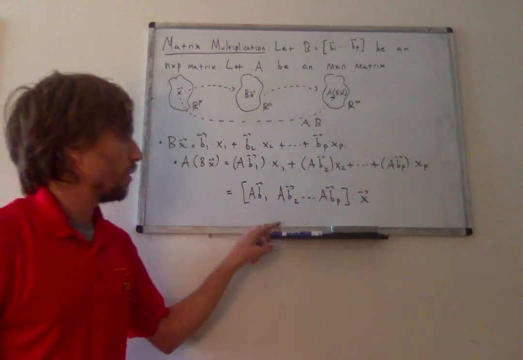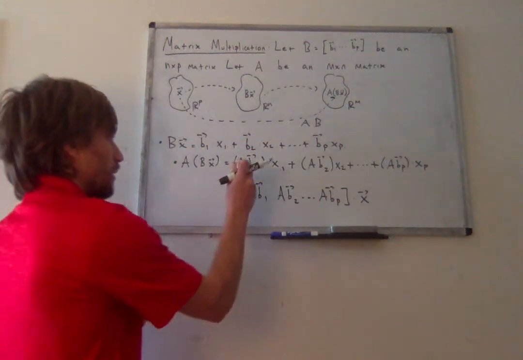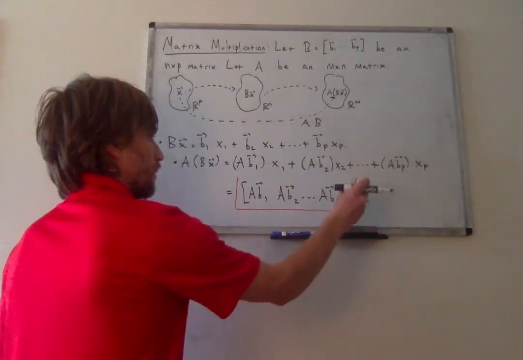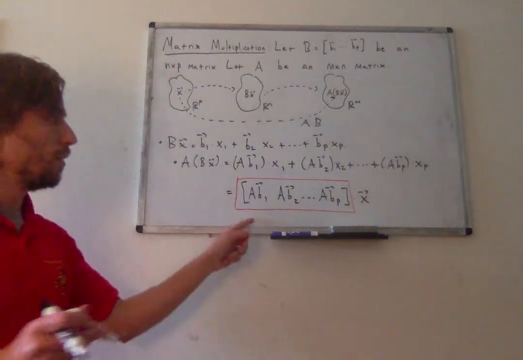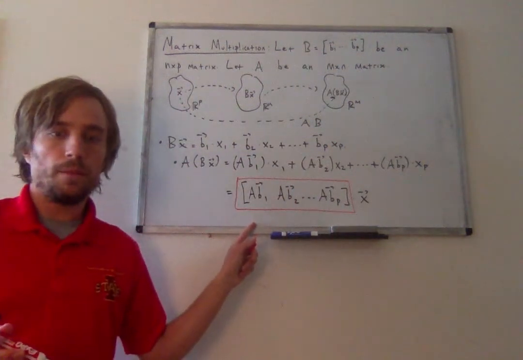And so this matrix here is the matrix A times B.